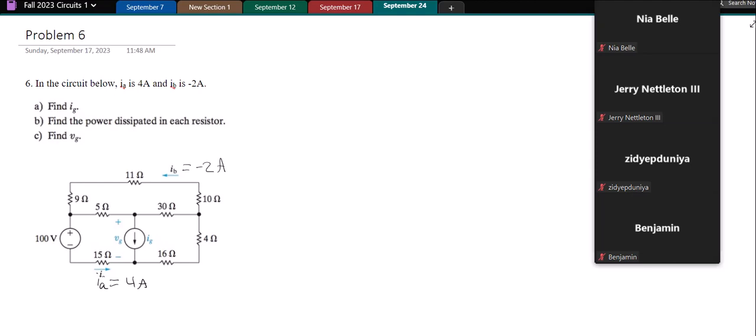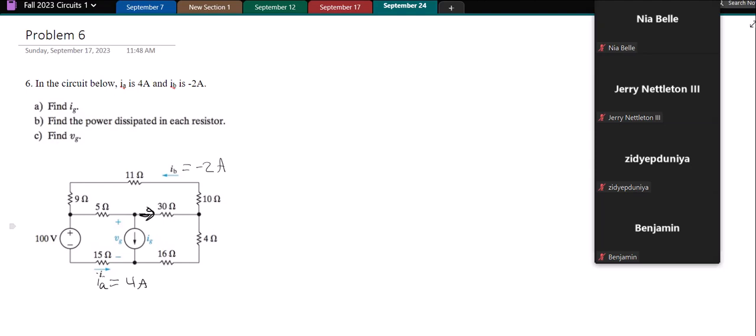Do I want to define a reference node at this point? I don't. Let's define 2 currents right here.